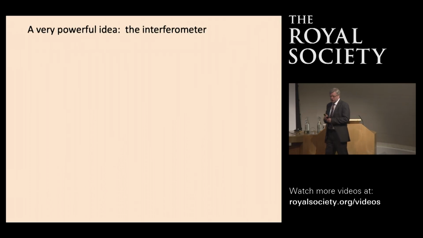Okay, so now we've talked a little bit about wave behavior of photons and electrons. Now I want to tell you an idea about how to use that to do something. And this is an absolutely fabulous, very powerful idea, and it's called the interferometer.